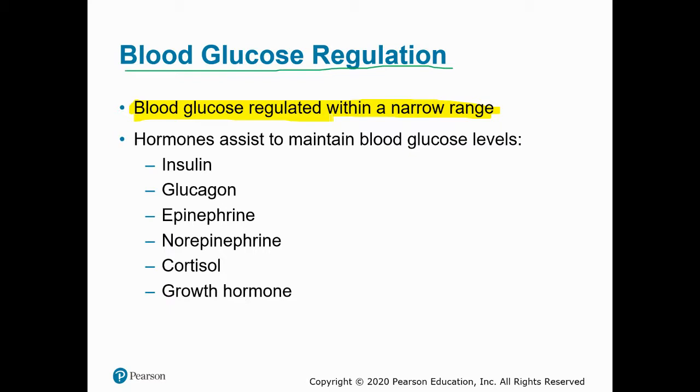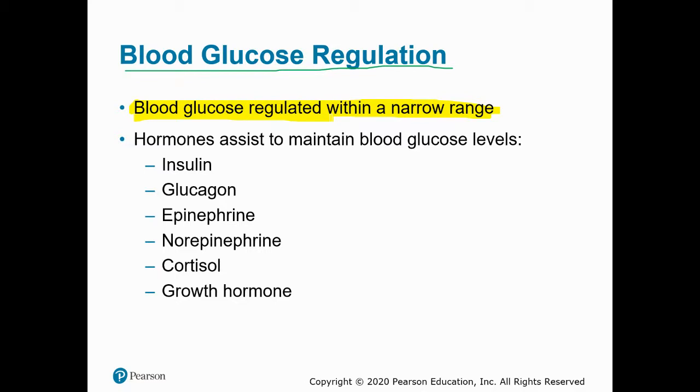At any time, especially after a meal, or if we've been too long without a meal, we might normally go just above the healthy range or just below the healthy range. That's okay, right? We can manage that. What becomes really problematic is when we go way above the range or way below the range. Ideally, we want to stay right in the range.